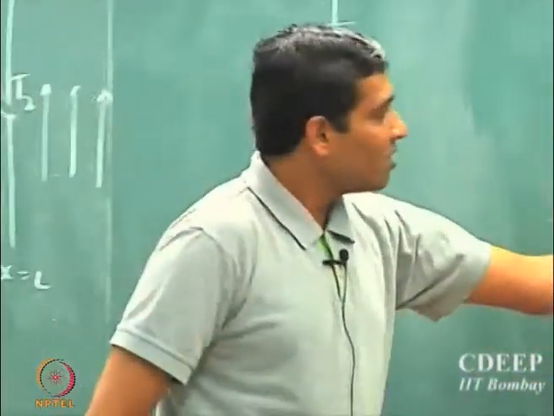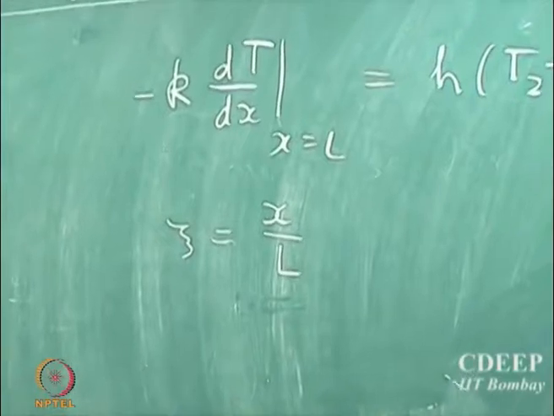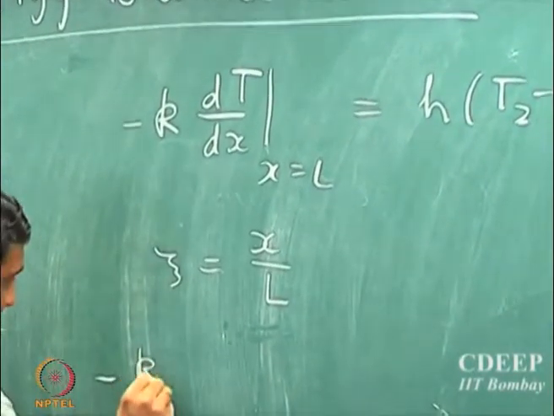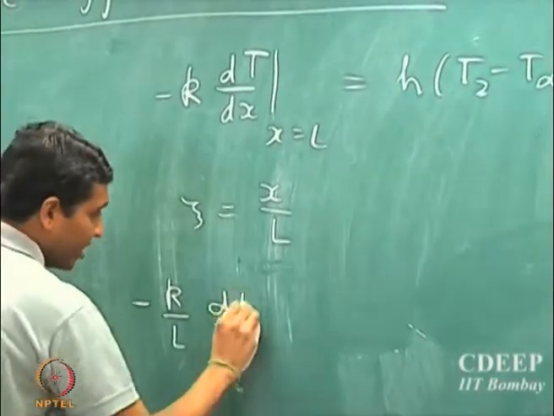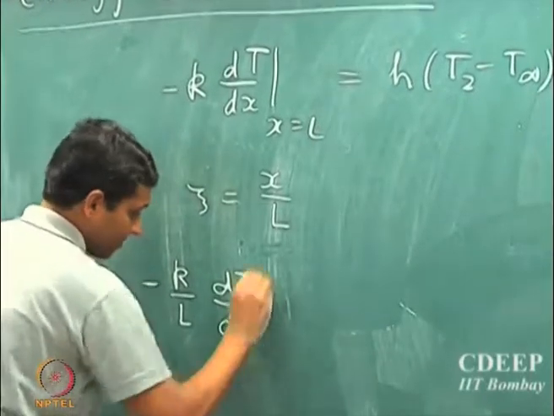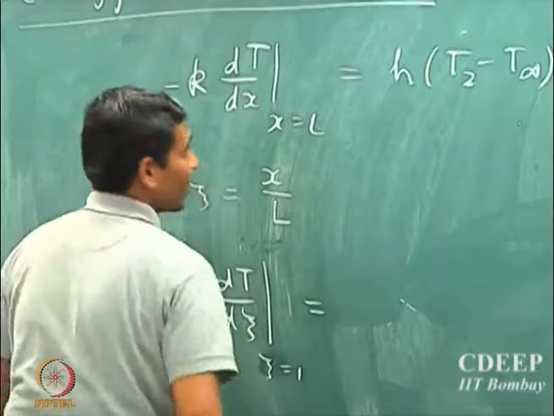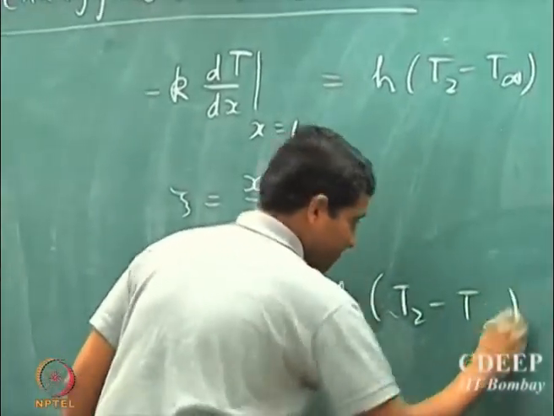So let us now define a new variable z and set x by L equal to that quantity, and so I can put that here. So it will be minus k divided by L into dT by dz at z equal to 1, that's equal to h into T2 minus T infinity.